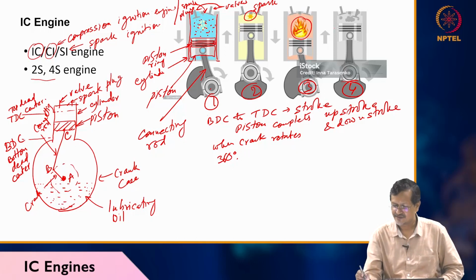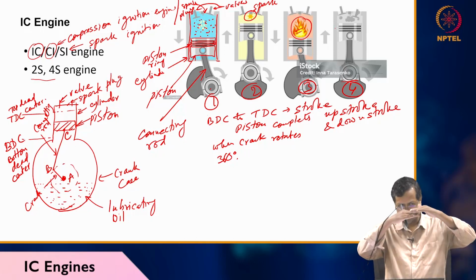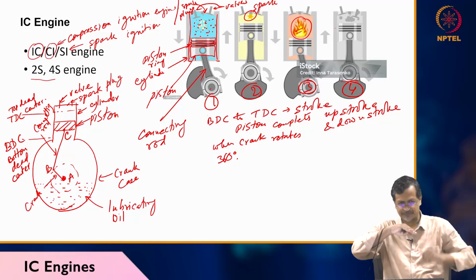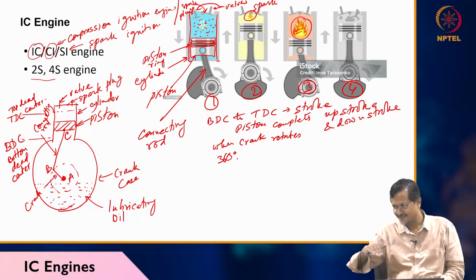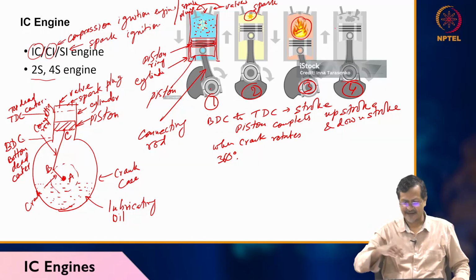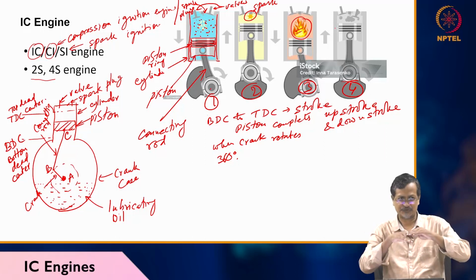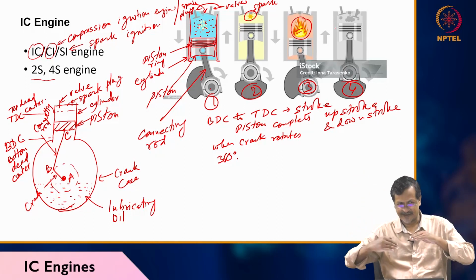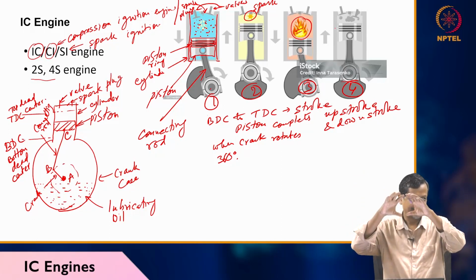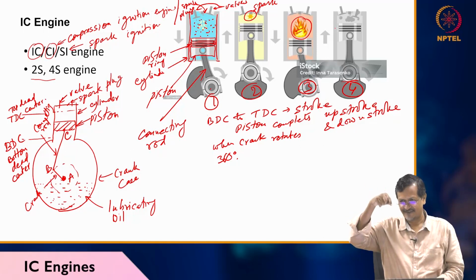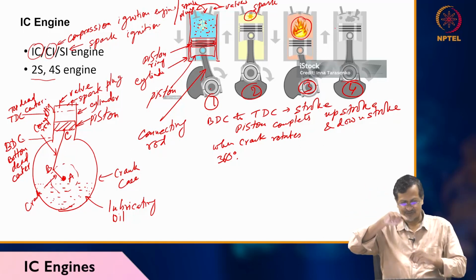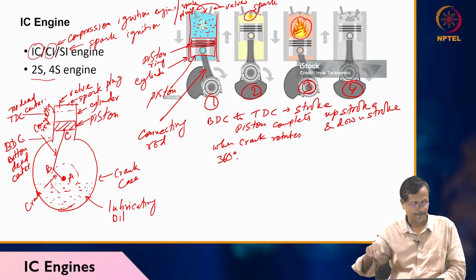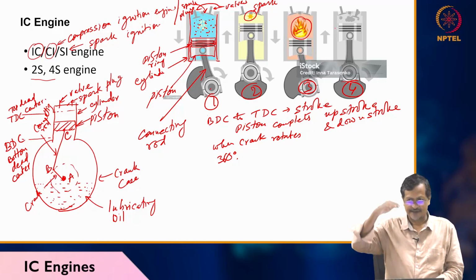Then the high pressure pushes the piston down. Piston pushed down means the crank will be rotating. When the crank is at the bottom portion, you open certain valves and reduce the pressure. When the crank is moving up again, you compress, give fire, and pressurize. So this sequence happens continuously.